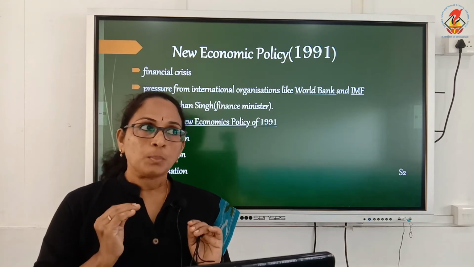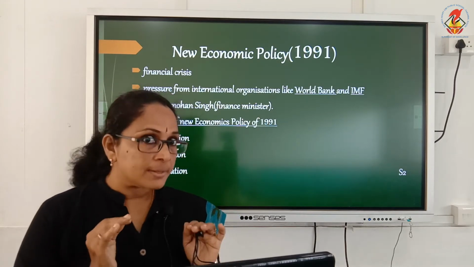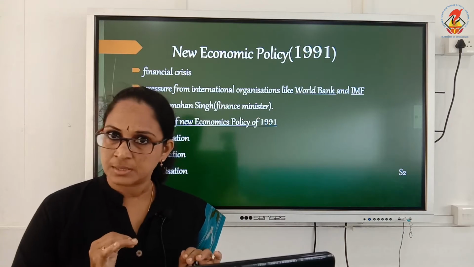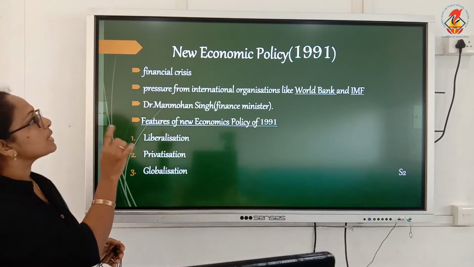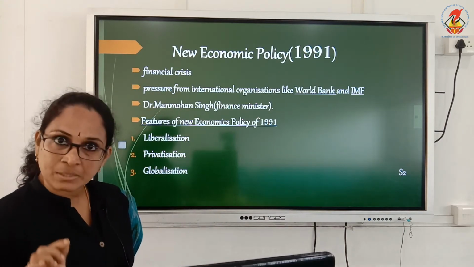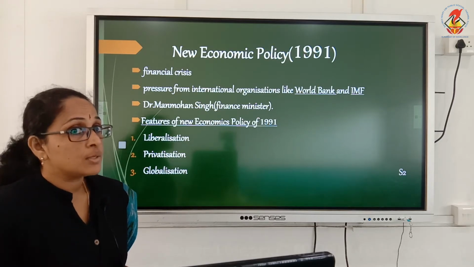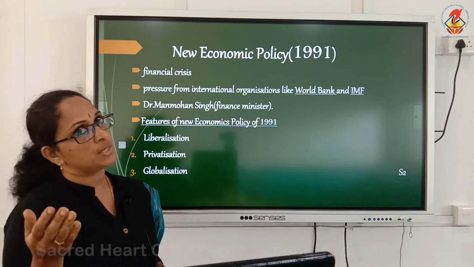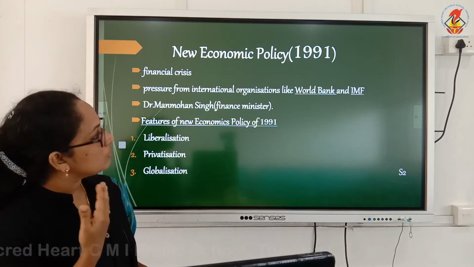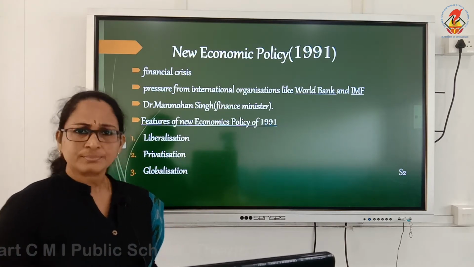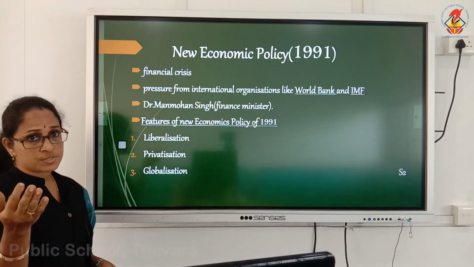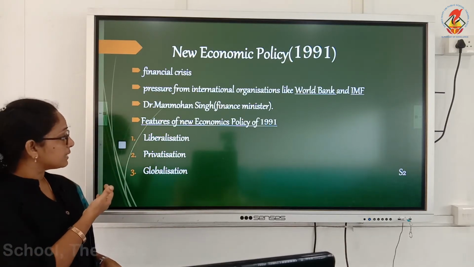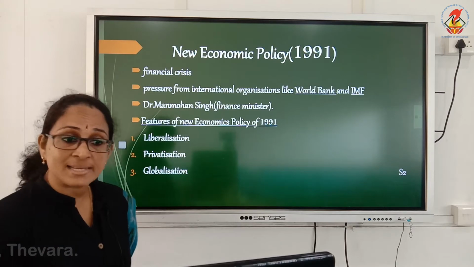So which policy adopted globalization in India? The New Economic Policy of 1991. Why did India adopt this? Due to the financial crisis and pressure from international organizations like the World Bank and IMF. And the three features: liberalization, privatization and globalization.